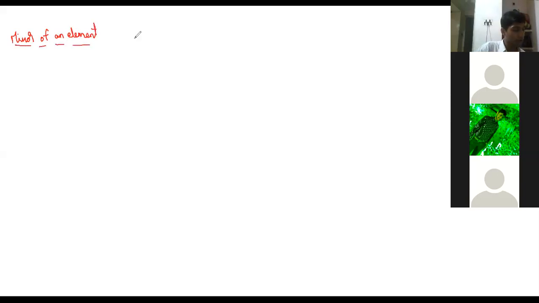Minor of an element Aij in a matrix. One second. Instead of matrix, write square matrix, because we define determinants only for a square matrix.